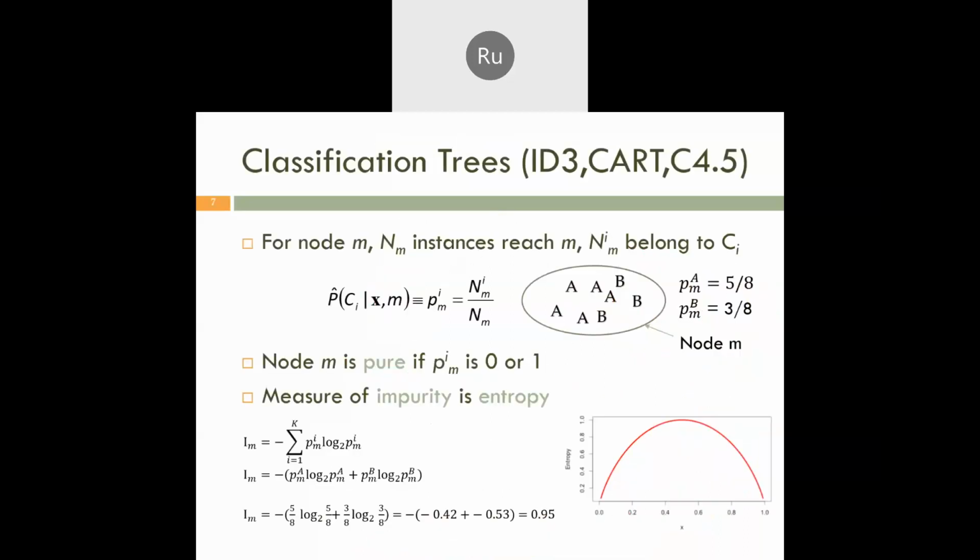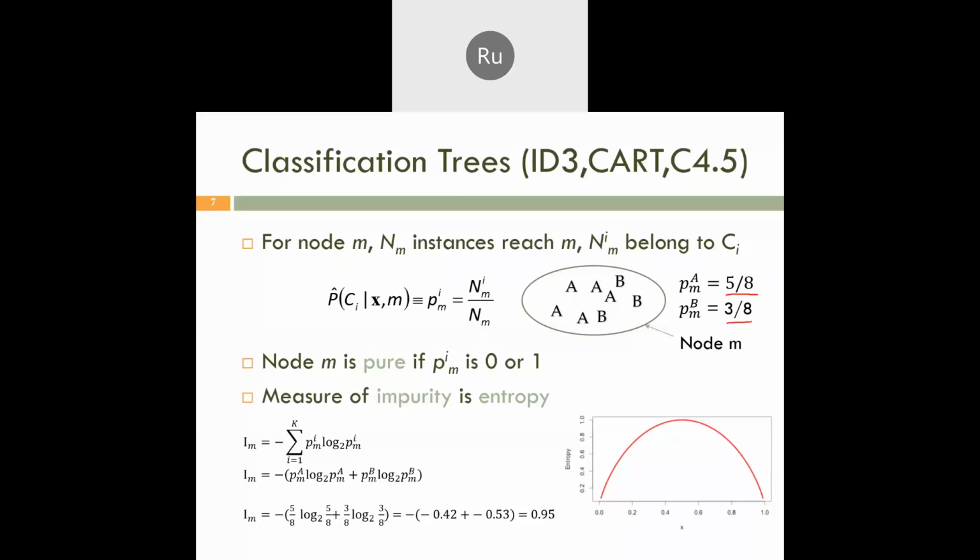For example, we are looking at this group. We have symbol A, 5 over 8, and symbol B, 3 over 8.